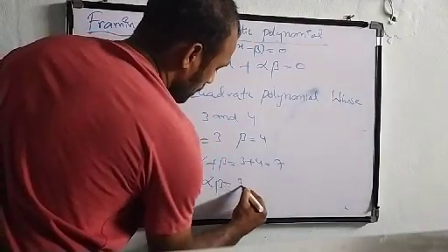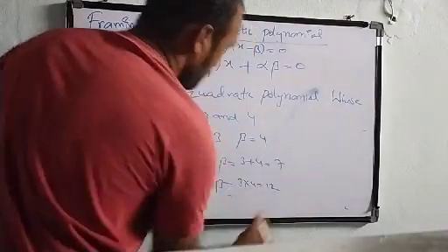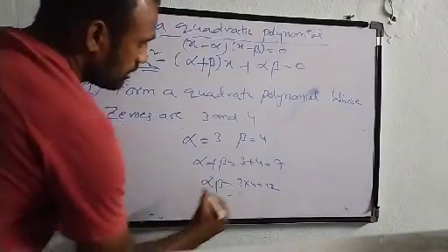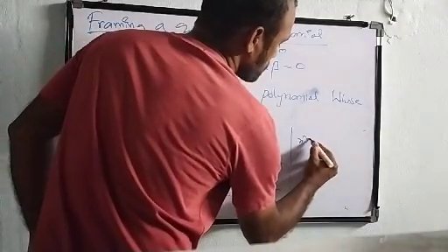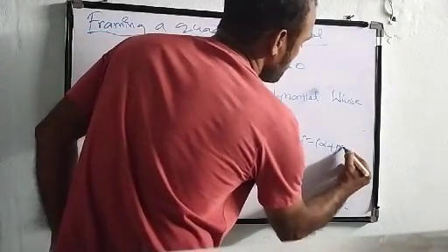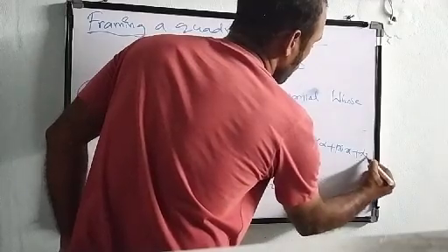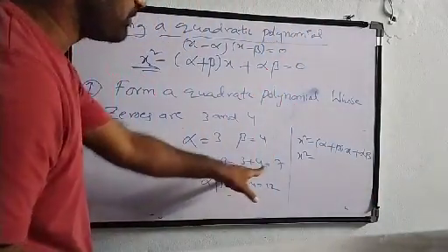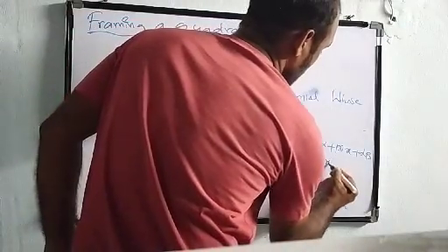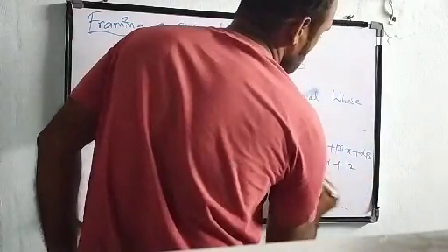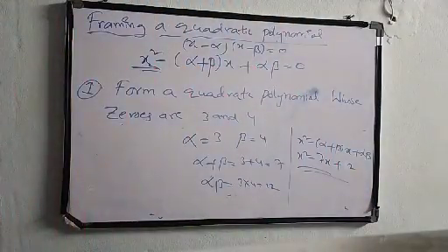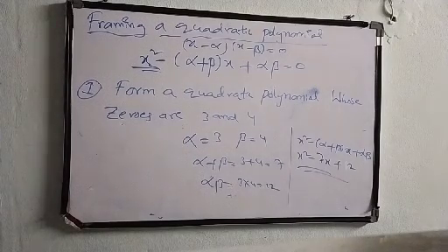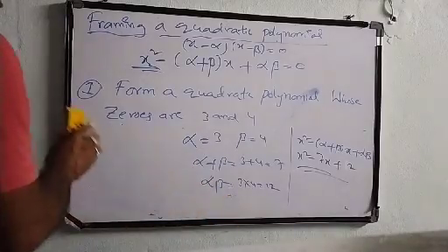Alpha into beta is 3 into 4, which is 12. If I substitute in the formula x square minus (alpha plus beta) into x plus alpha beta, so x square minus 7x plus 12. So this is the framing of a quadratic polynomial.